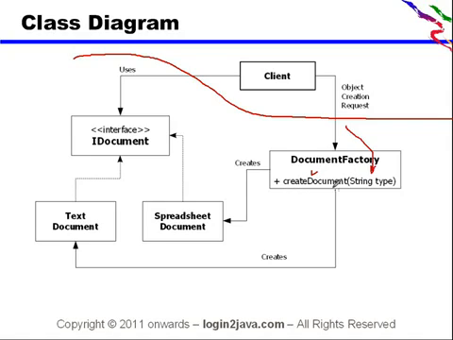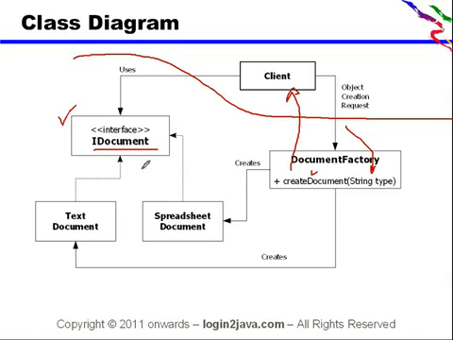This document factory create document method will have proper code that will understand the type and create a proper type of document, either spreadsheet or text document, and return the iDocument interface to the client. Client will use the iDocument interface to operate on the proper instance of the document.